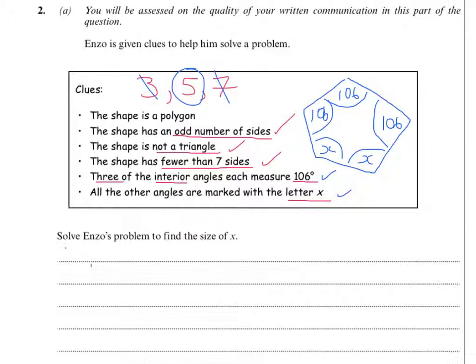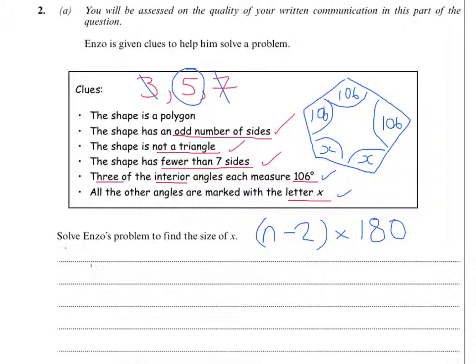What I need to know now is that in a 5-sided shape, what do my angles add up to? So I need to use my R for my acronym to recognize what area of maths I'm looking at. I'm looking at the sum of the interior angles in a polygon. To work out that, my formula is n minus 2 times 180.